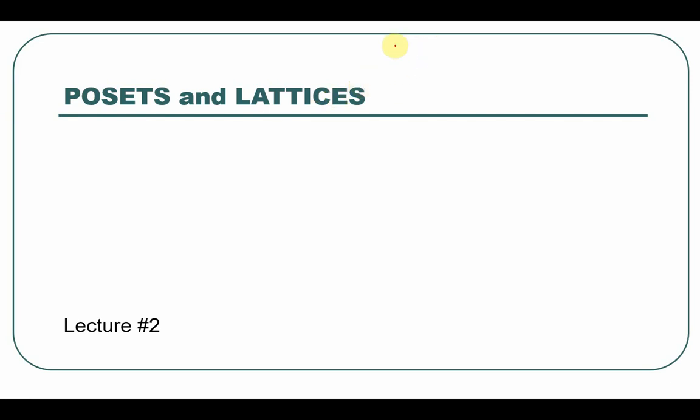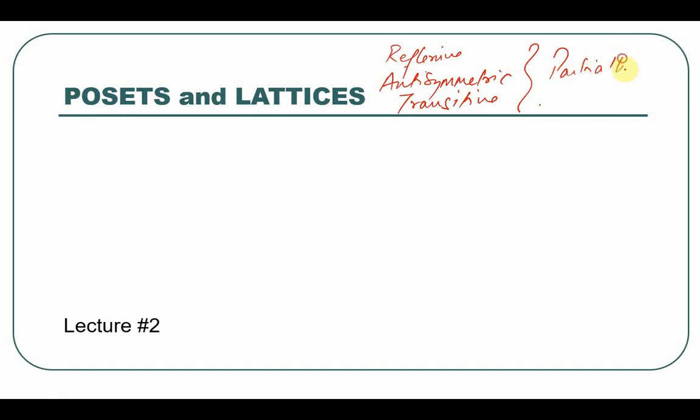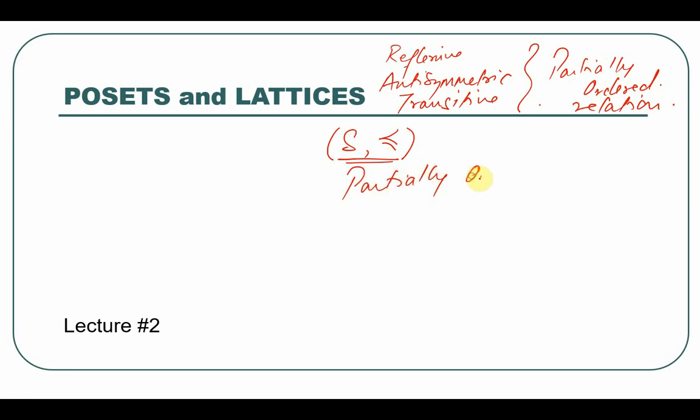We said that if a relation is reflexive, antisymmetric and transitive, then that particular relation is said to be a partially ordered relation, and a set S along with a partially ordered relation, which is usually represented by this symbol, both these things together is called a partially ordered set or a poset.